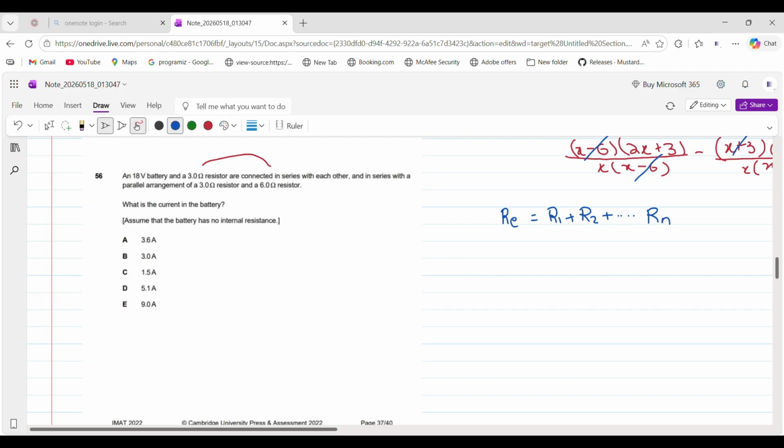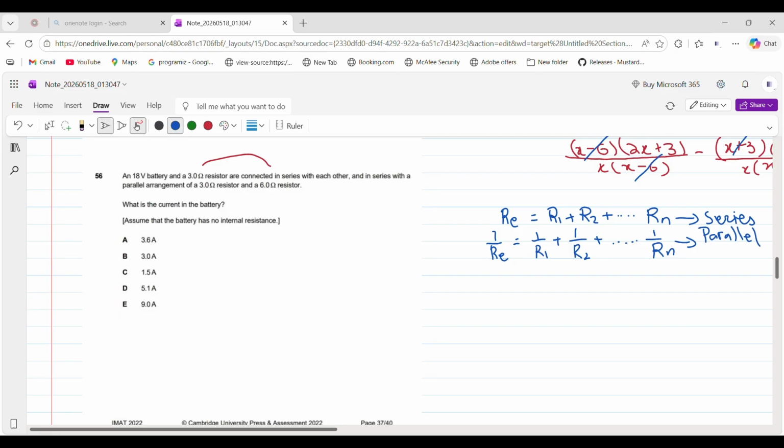And if I talk about parallel, 1 by Re equals 1 by R1 plus 1 by R2 plus up to 1 by Rn. This was in parallel, right?